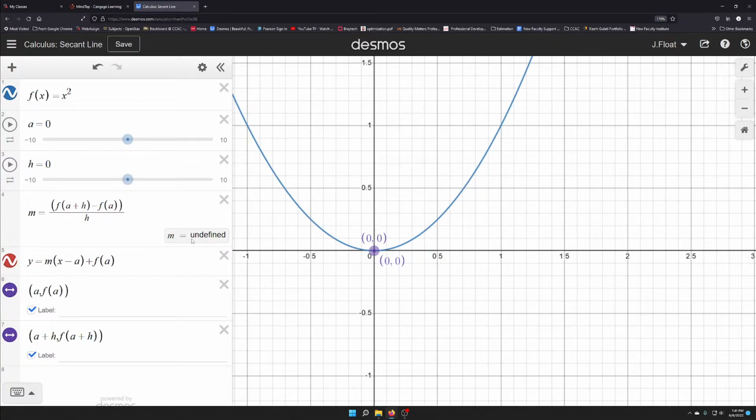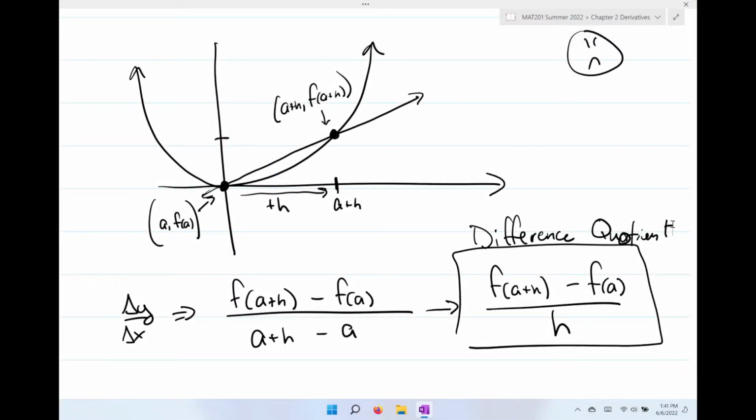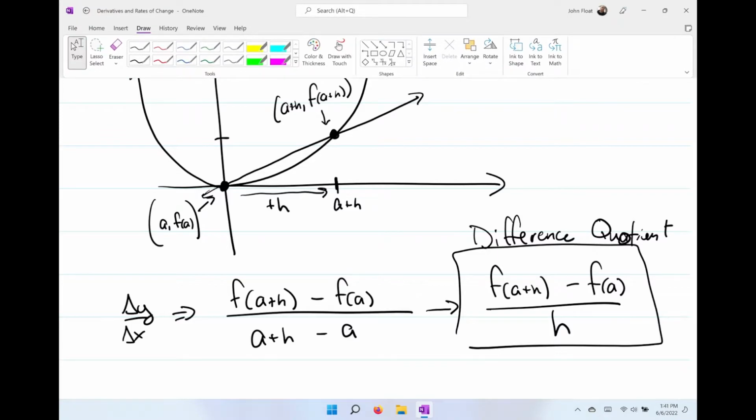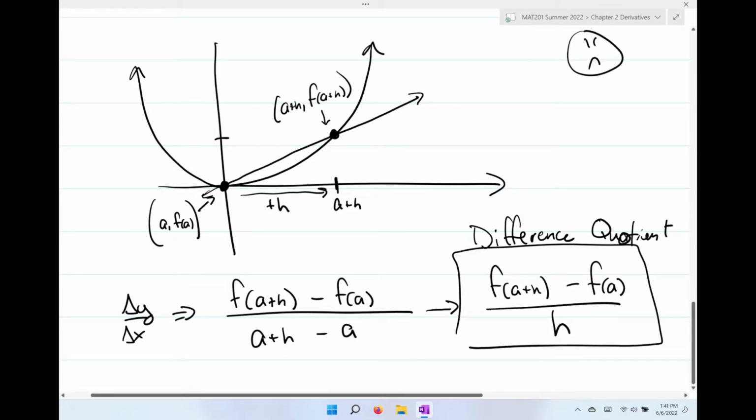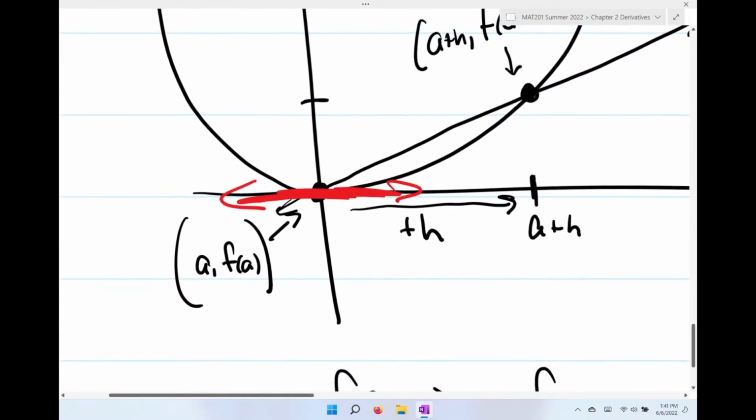We have that here. So the question becomes, what's the slope of this line at exactly the point a comma f of a? Let me go back to my picture right here. What I'm really asking here is this. If I were to draw a line, and I'm going to do it right here in red so you can see exactly what I'm talking about, if I were to draw that line right there in red, what is the slope of this line?